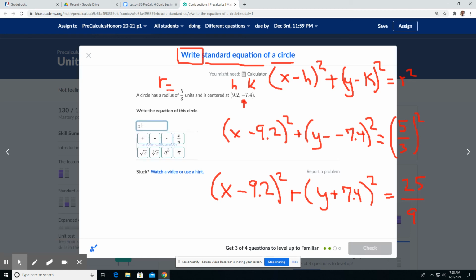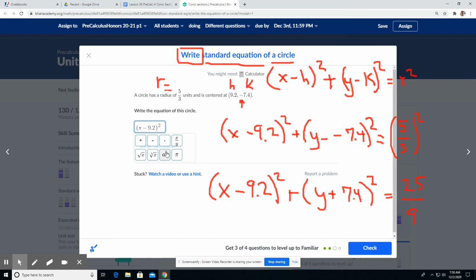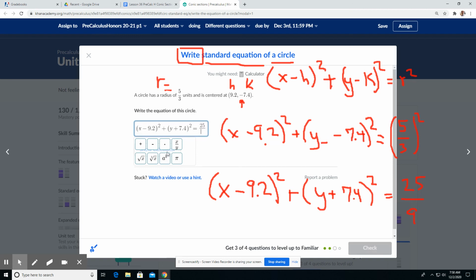So x minus 9.2 in parentheses quantity squared plus y. Let's not forget our parentheses. Plus 7.4 in parentheses quantity squared equals 25 divided by 9.